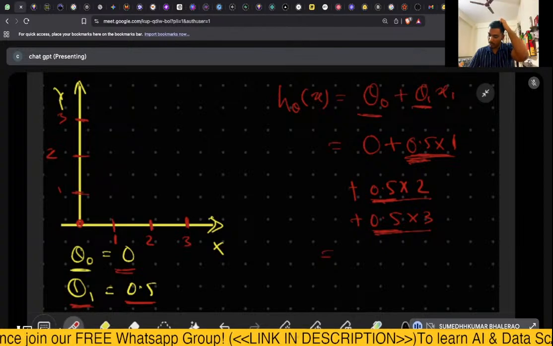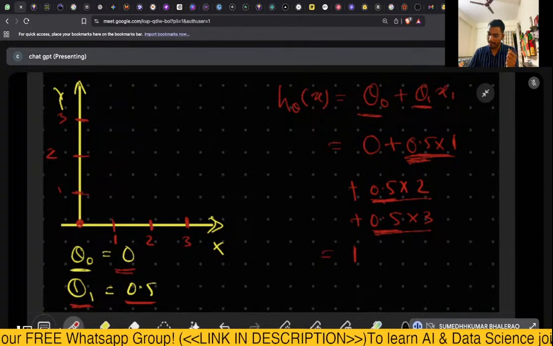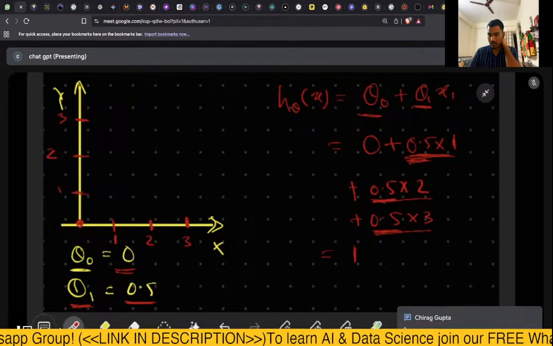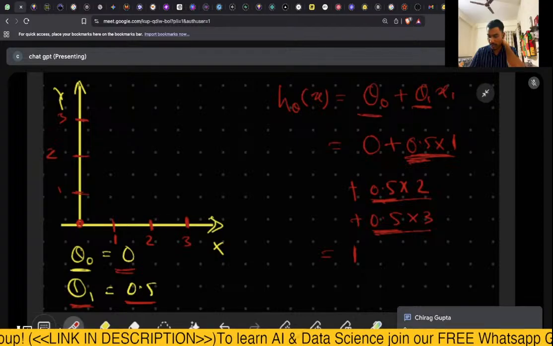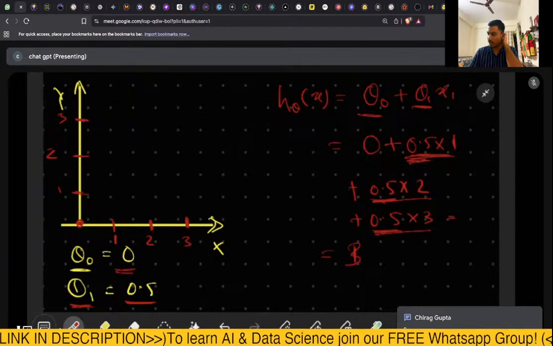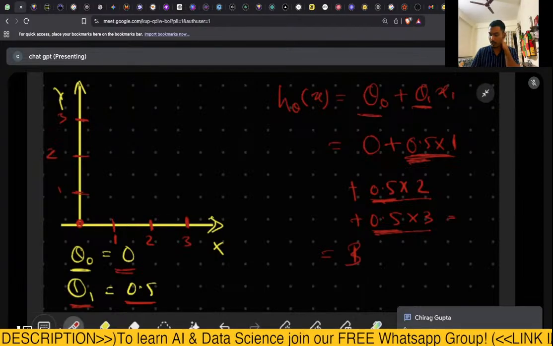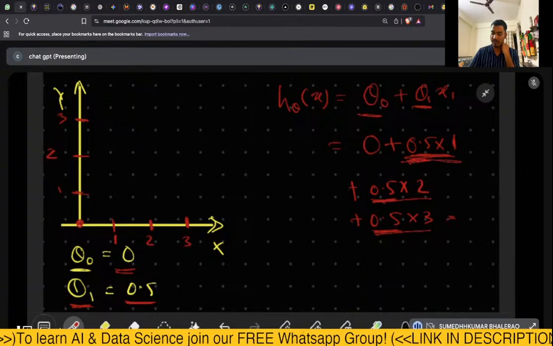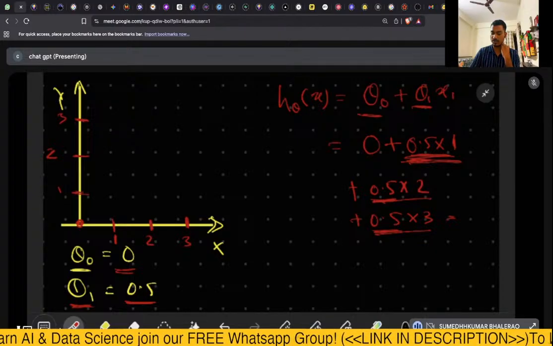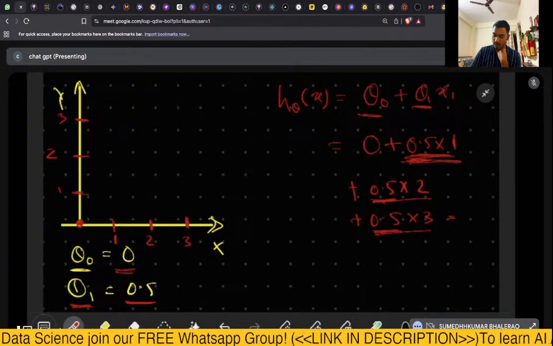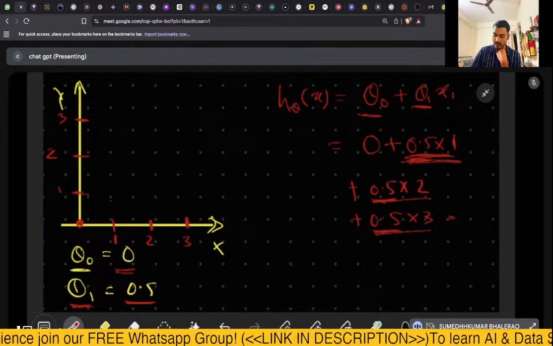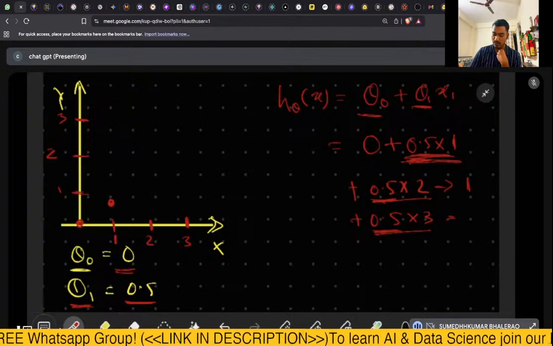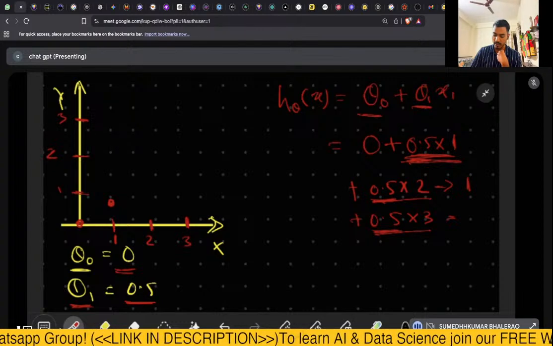What will the output be? 0.5 into 1 is 0.5, so we plot a point here at 0.5. Then the next calculation comes to 1, so we plot somewhere here.